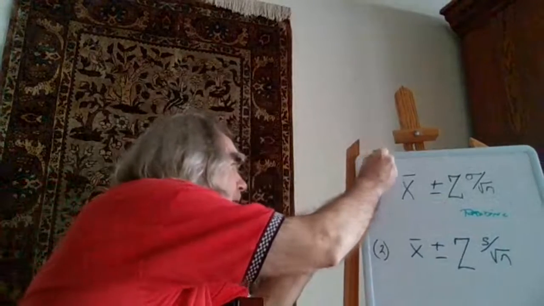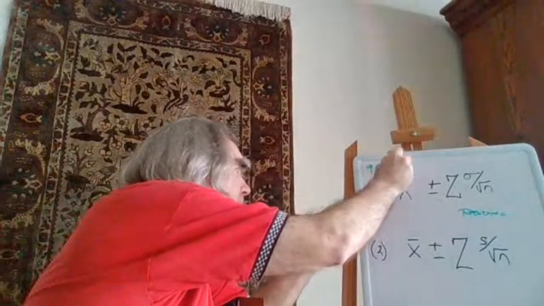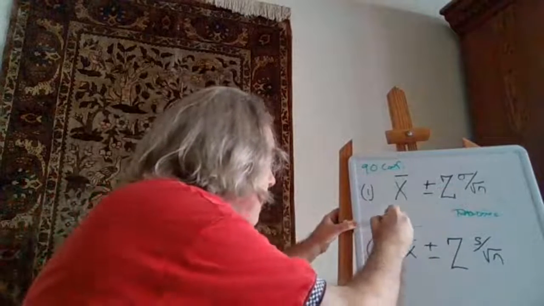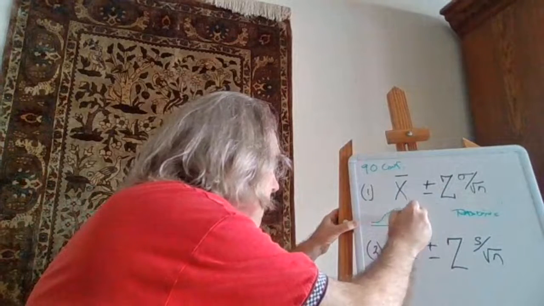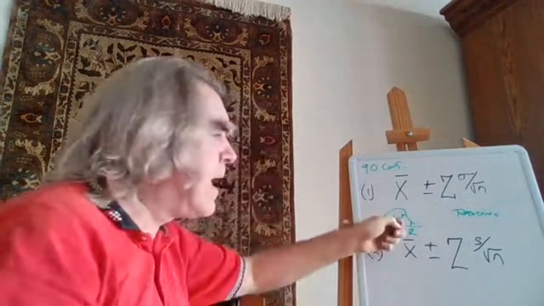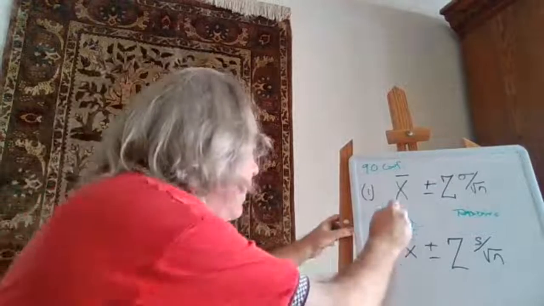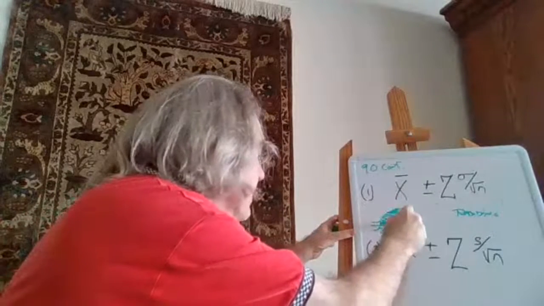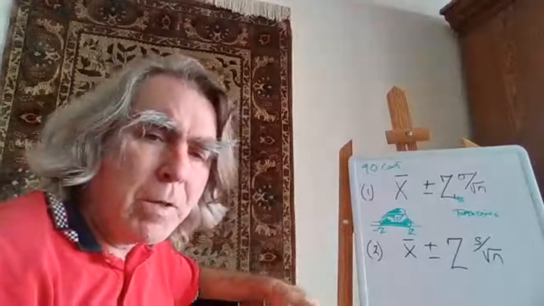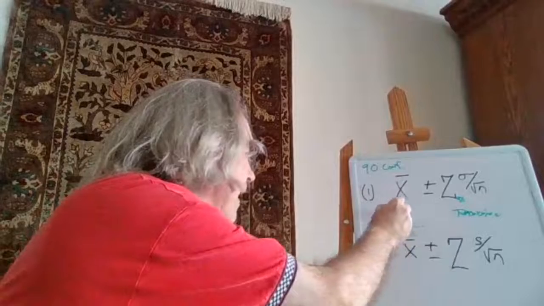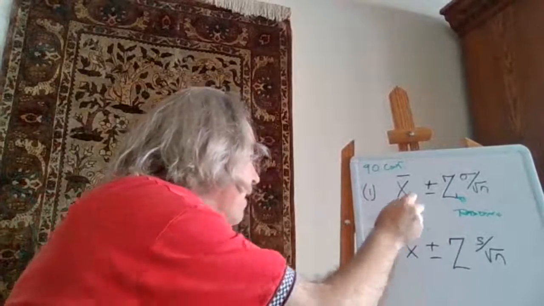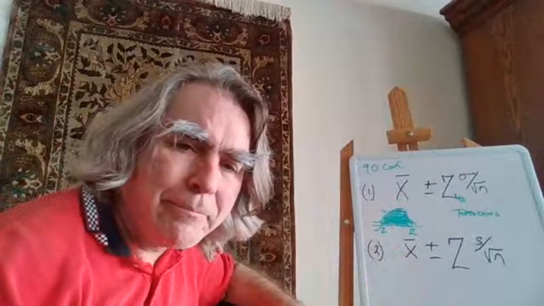If you are doing a 90% confidence interval, this z is the z value that has 90% in between a minus z and a positive z. There's 90% of the area shaded in the back of the book.